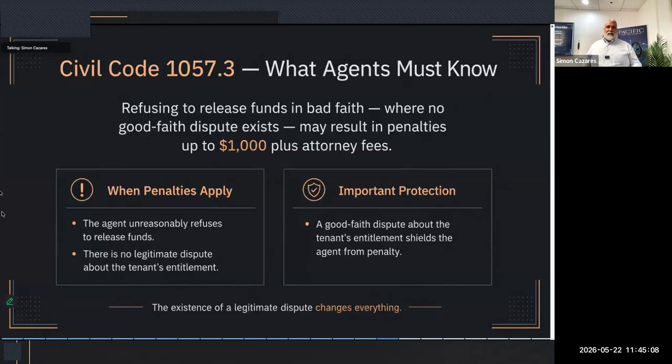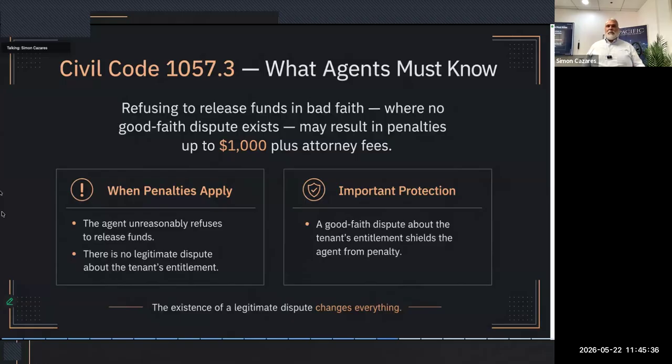Penalties apply when the agent unreasonably refuses to release the funds. Again, I see this happen quite often where agents are kind of the hostage in this. No, you can actually go after the agent too, because a lot of the time it's not the seller, it's not the buyer. Sometimes the agents are playing that mentality, trying to speak on behalf of the principals.